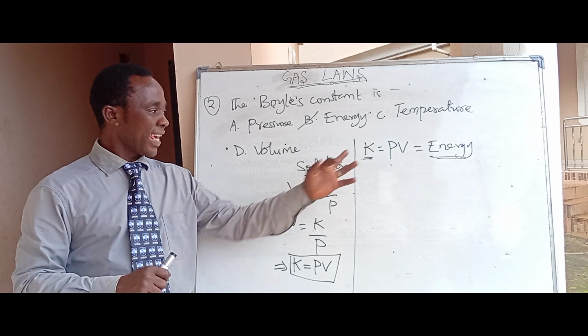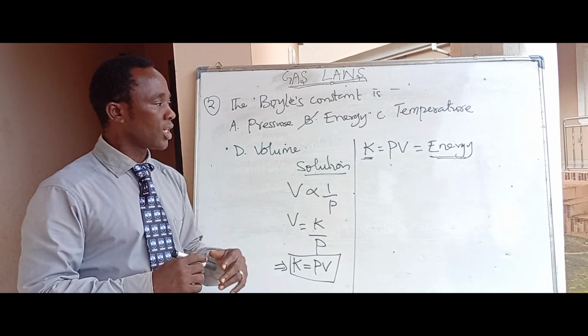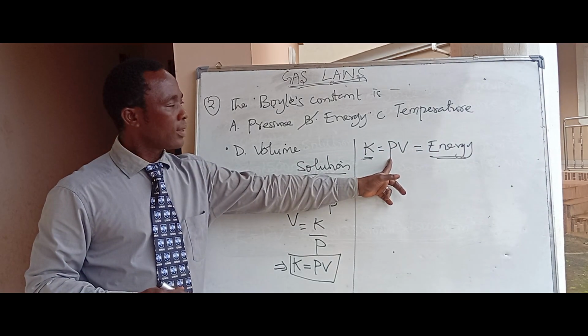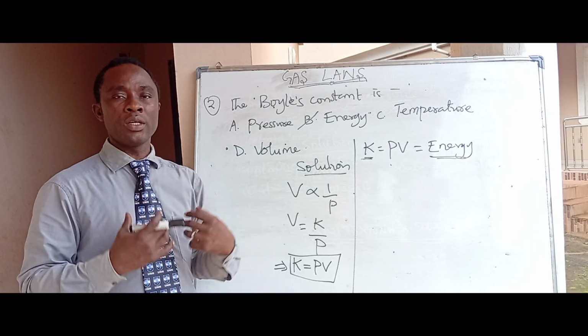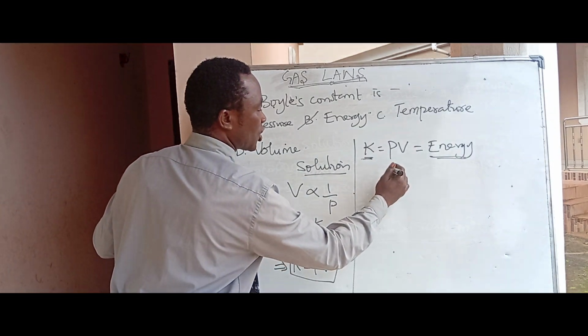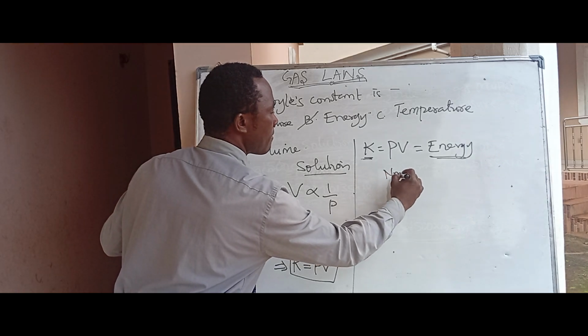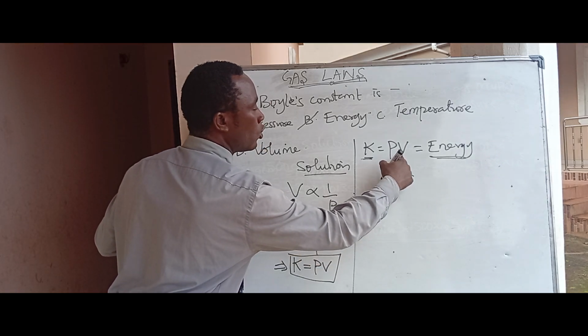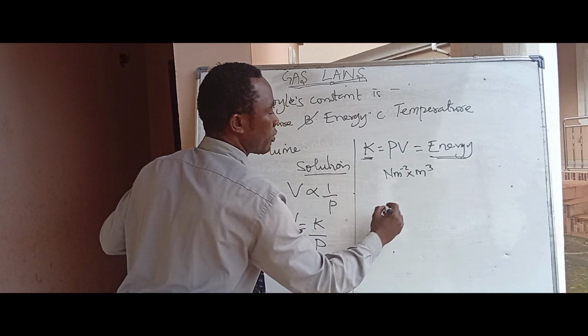But Boyle's constant K is equal to what? Energy. How do we show that PV is energy? We can show it using units and dimensions. Remember, pressure is in Newton per square meter multiplied by volume, which is meter cube.